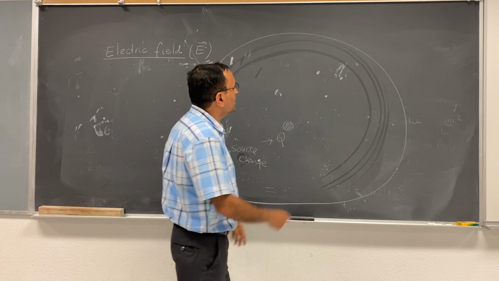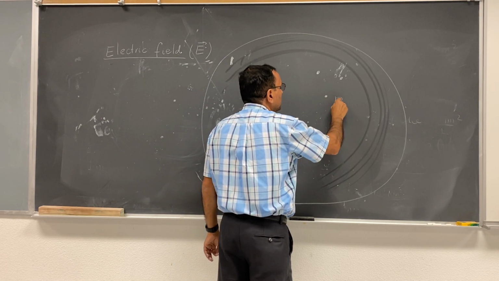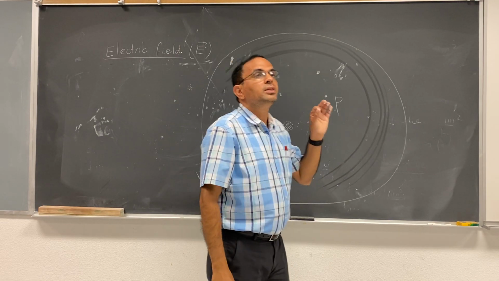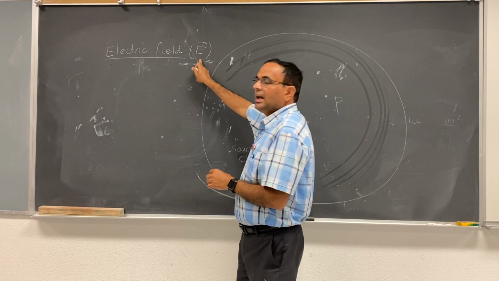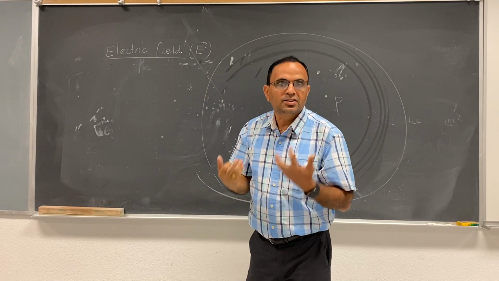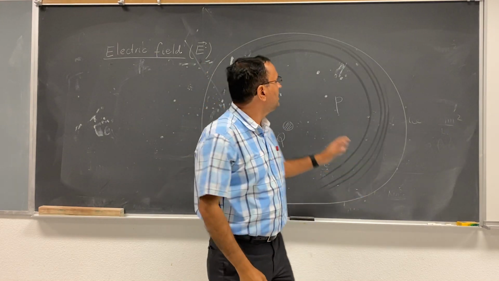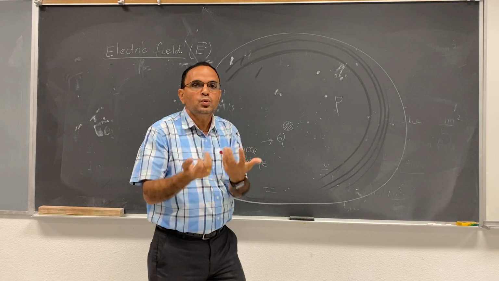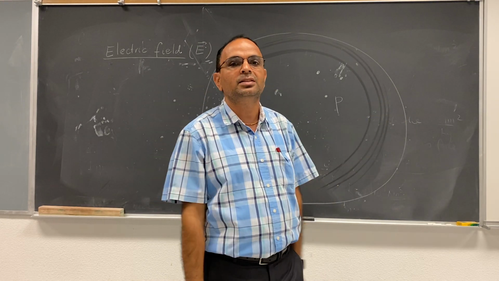Inside this whole area, I choose one point here, let me call it point P. Actually it is electric field strength, but people call it electric field. If there is no effect of charge, the electric field is simply zero.